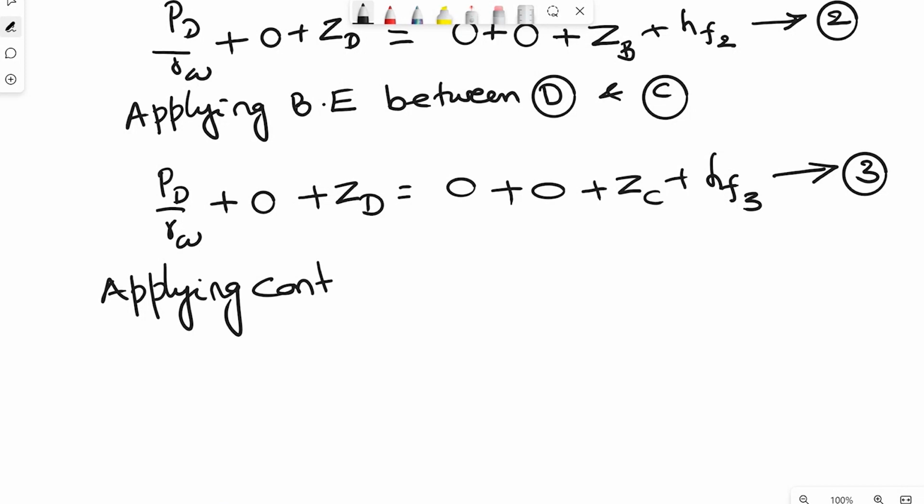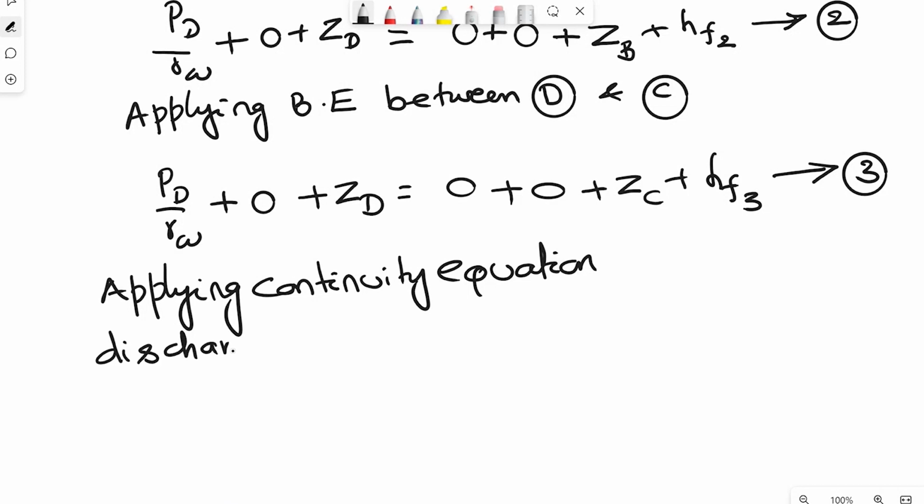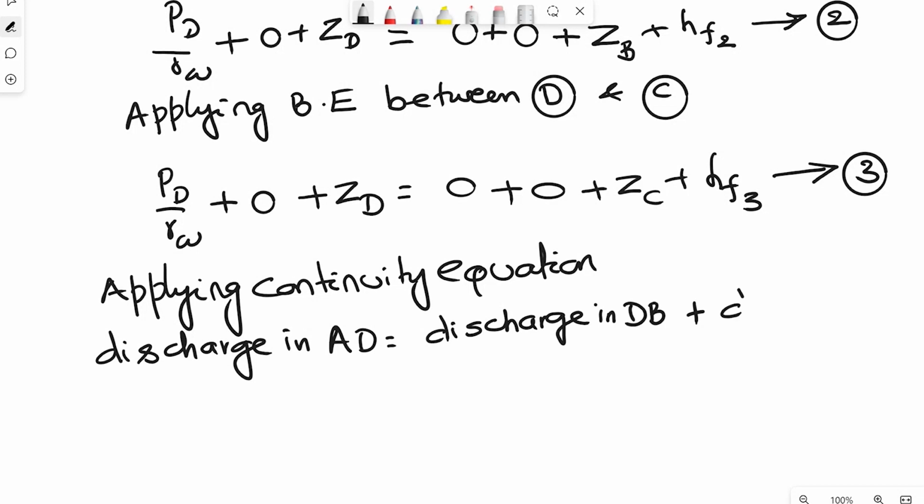And then applying the continuity equation, we can write that the discharge in AD is equal to the discharge in DB plus the discharge in DC.